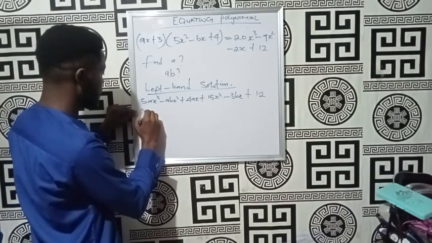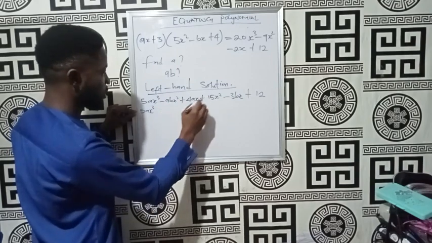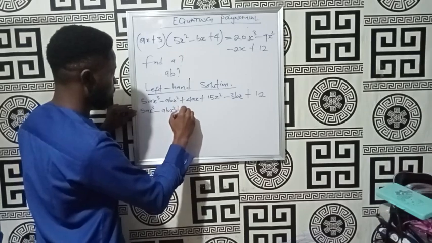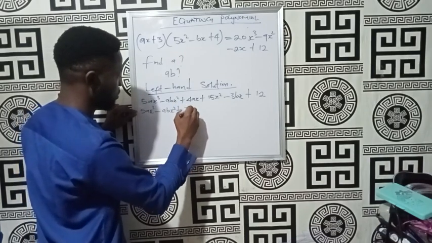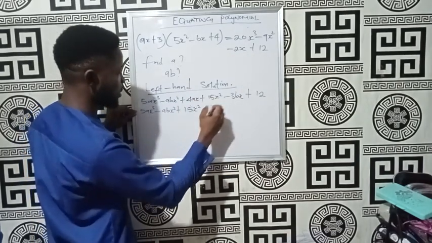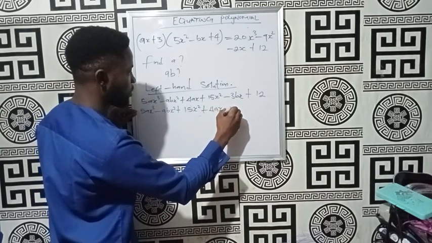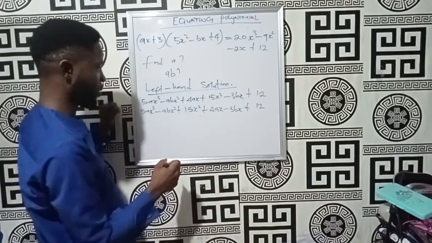So we have 5ax cubed, and we have x squared here, so we bring in minus abx squared plus 15x squared, then plus 4ax minus 3bx plus 12. This looks better.